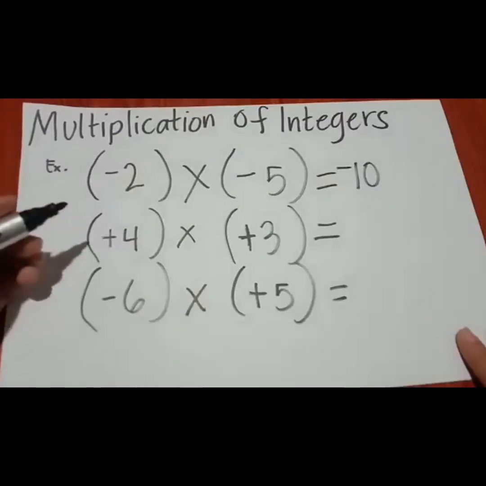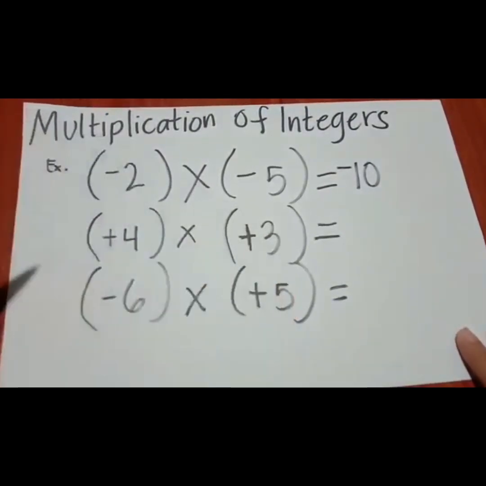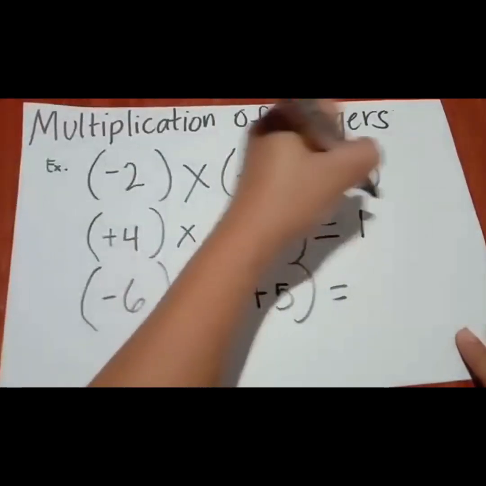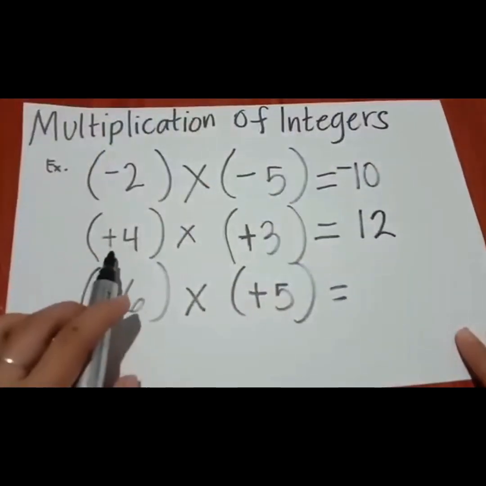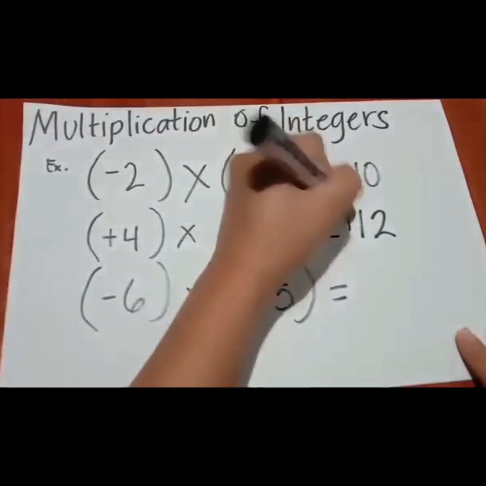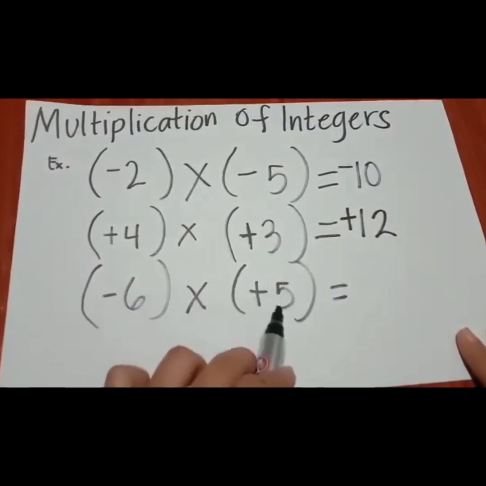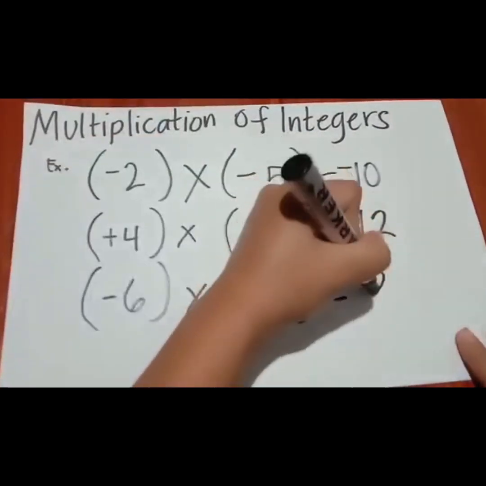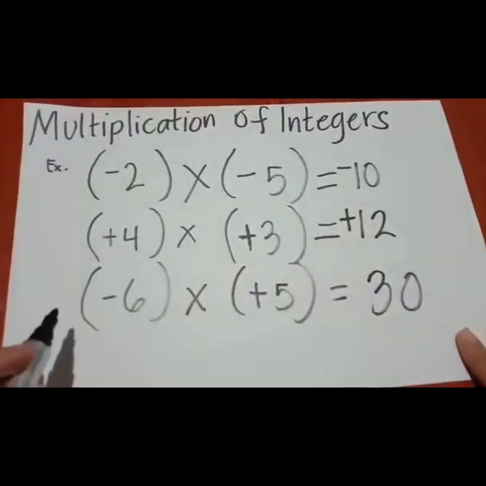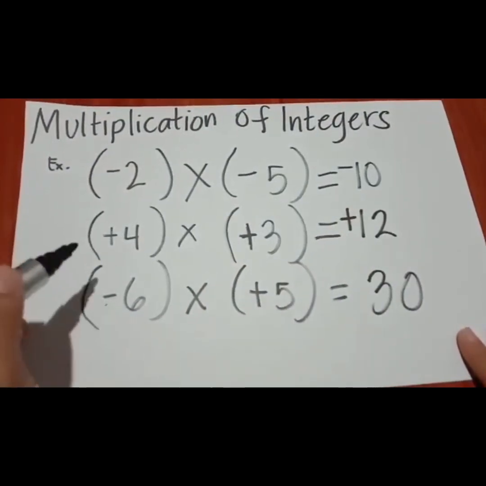And positive 4 times positive 3 is equal to 12, and copy the positive, the 4, because the big number is 4. And negative 6 times positive 5 is equal to 30, and copy the negative 6 because 6 is the big number.